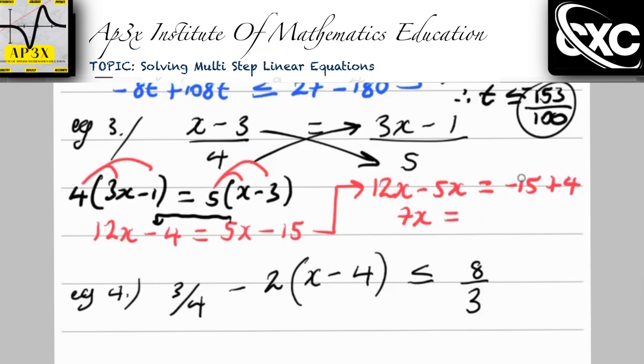And that's going to be equal to negative 15 plus 4, which is negative 11. So isolating the x, if I divide both sides by 7, I'm going to end up with x is equal to negative 11 over 7. I do apologize for the chopped up work, guys.